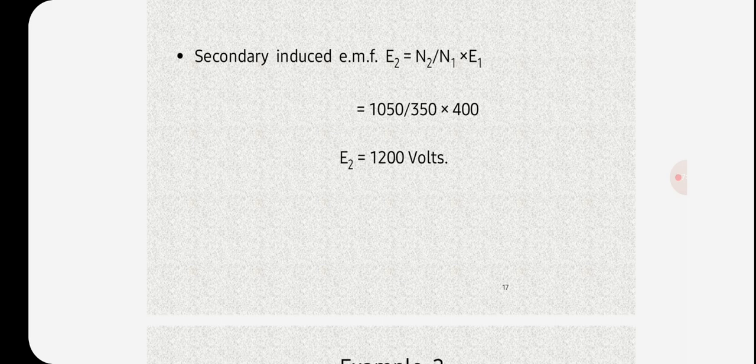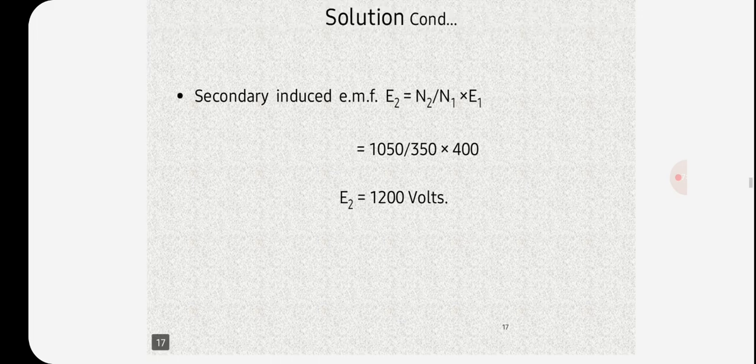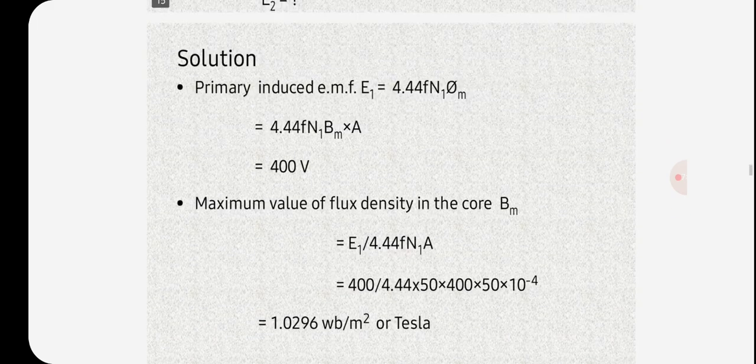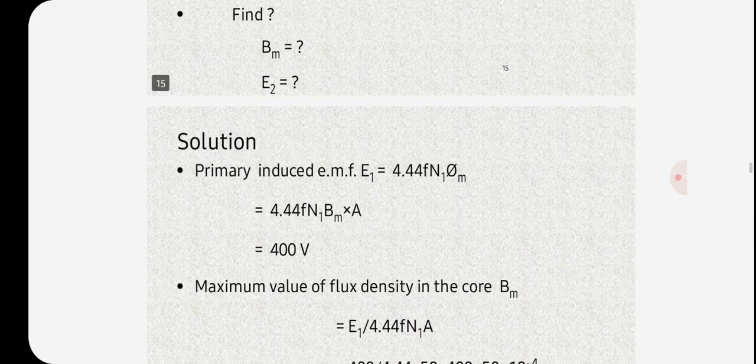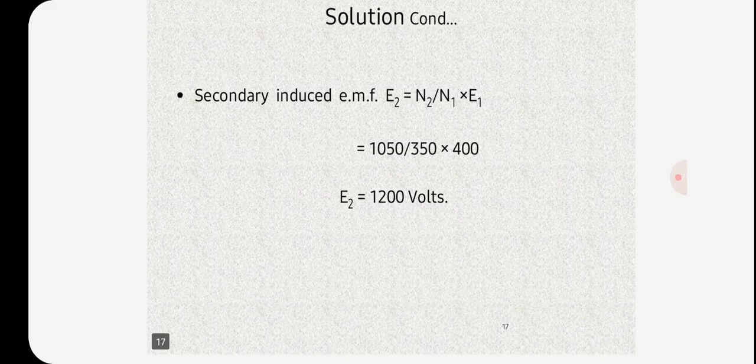From that E2 is equal to N2 by N1 into E1, that is equal to 1050 by 350 into 400. After calculation of this one, we will get 1200 volts. So here we can calculate maximum flux density value and E2 value.